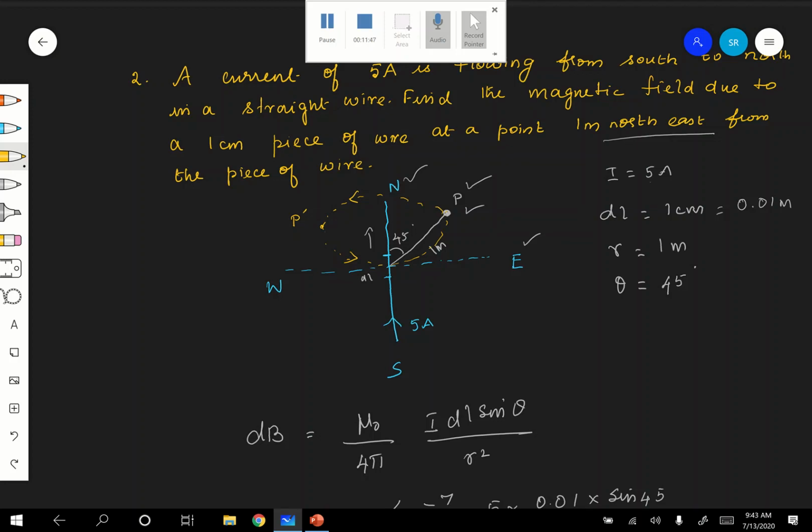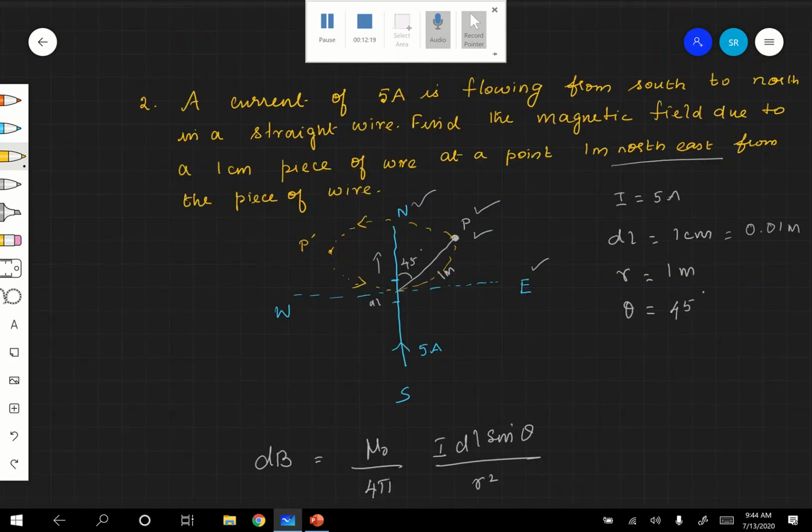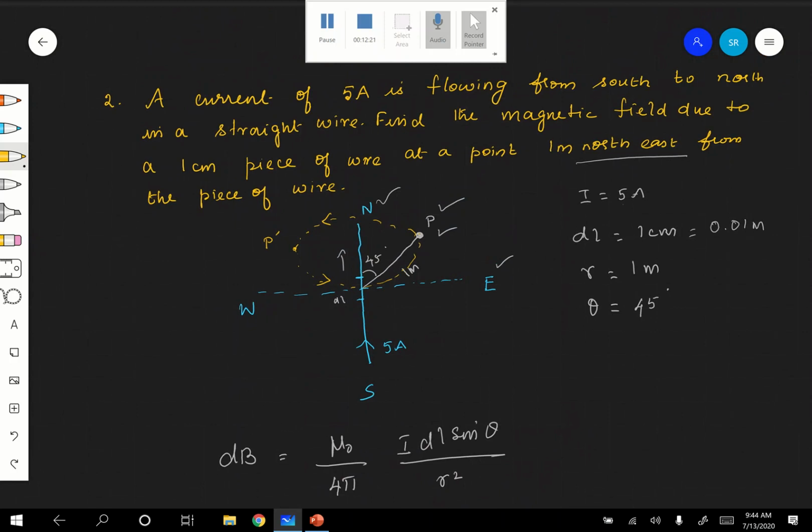So the direction at P is vertically downwards, perpendicular to the plane of the board, your paper or your notebook, downwards or inwards. Are you following, children? This is very simple. It is just an application of the Biot-Savart law. All the data are directly given. It's not a very big issue.